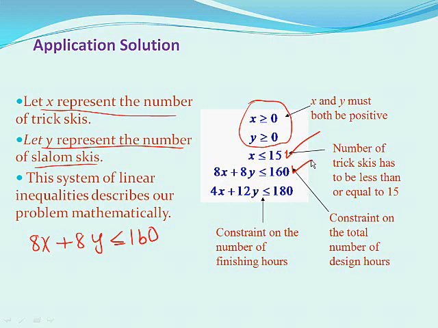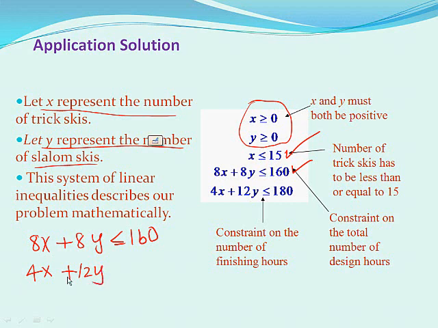Then in terms of the total number of finishing hours, we only have 180 that we can use. Reading the problem, there are 4 hours of finishing on each one of the trick skis, so it will be 4 times x, and 12 hours of finishing time on each one of the slalom skis, so it will be 12 times y.